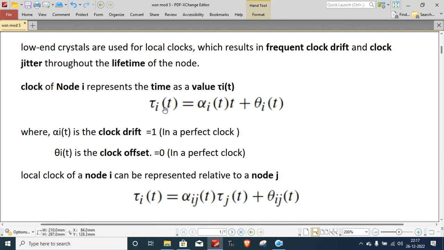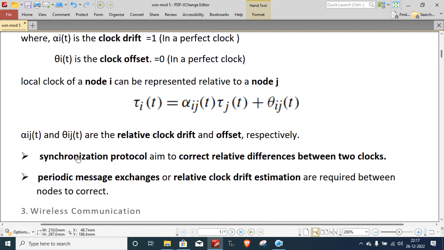We can also represent the same time tau i of t in terms of its neighbor node, that is node j. Only thing is here the drift will be replaced with one more subscript j, and it will also include the time of node j plus theta ij, which is the clock offset. Synchronization protocols aim to correct relative differences between these two clocks.